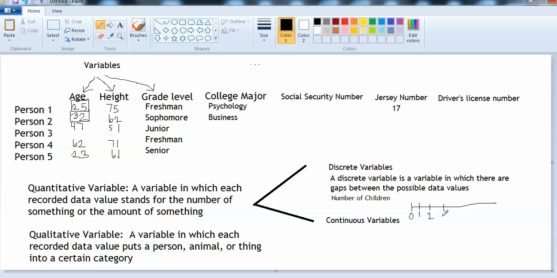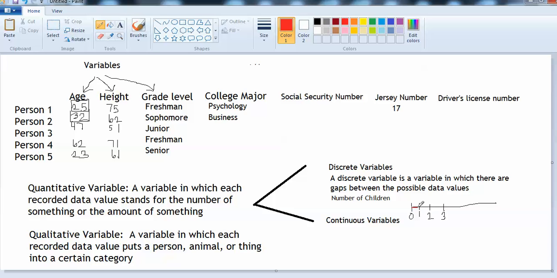A person will never say, I have 2.5 children, or 2.7 children, or 1.3 children. So in between these possible data values, there are gaps where you'll never find a data value.